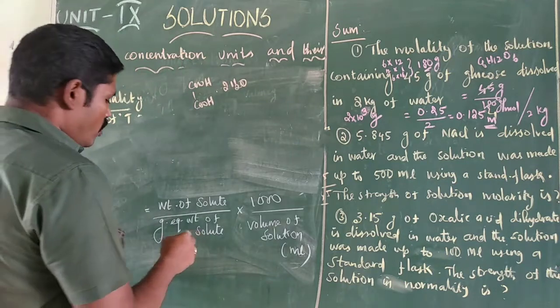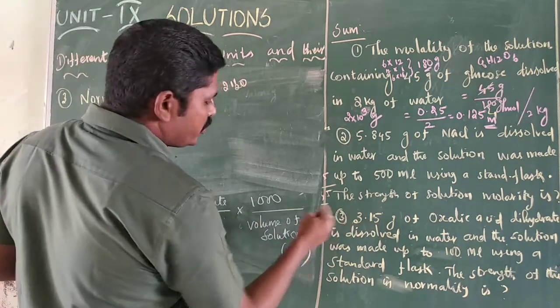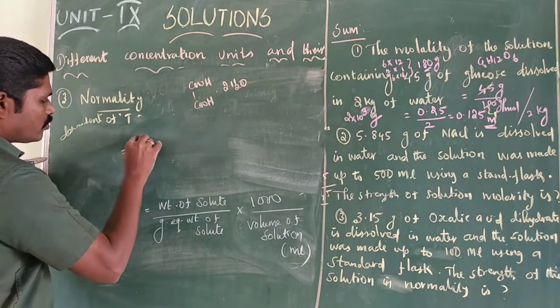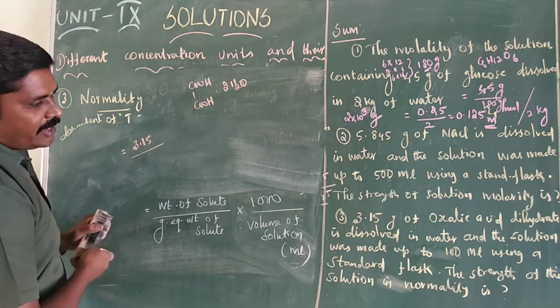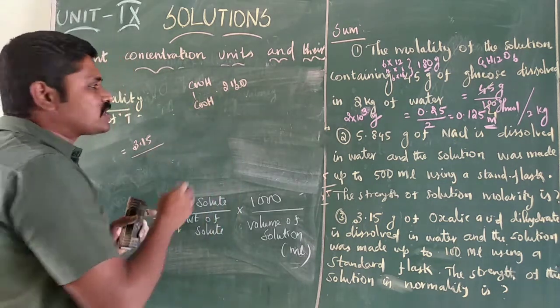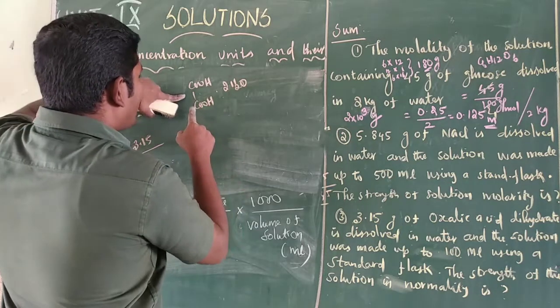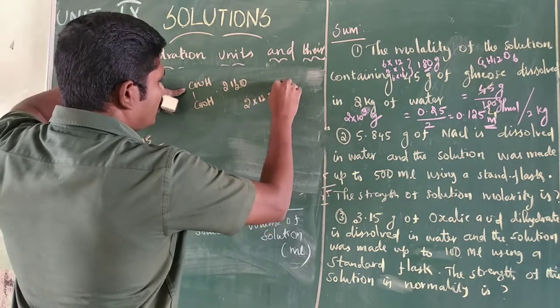So the weight of solute is 3.15 gram, divided by the molecular weight. The molecular weight of oxalic acid dihydrate: how many carbons? 2, so 2 into 12 is 24.